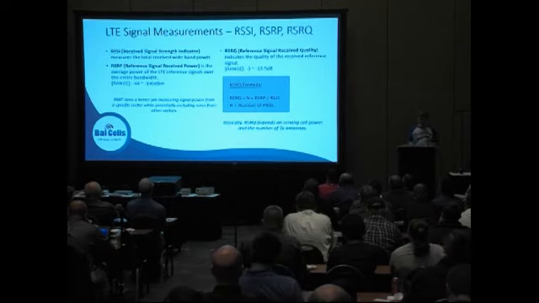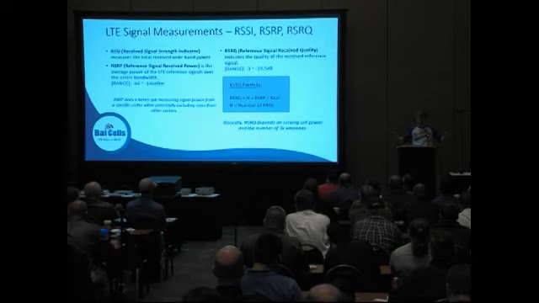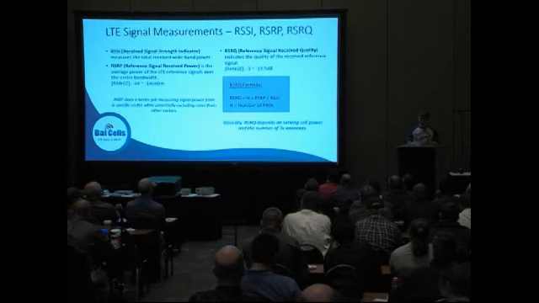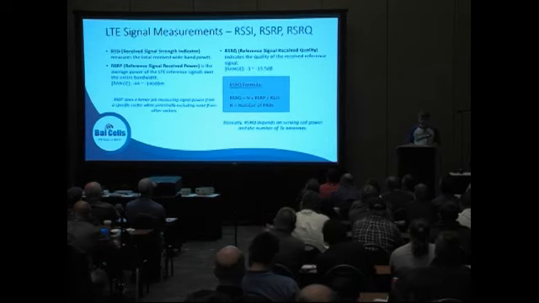Assuming that your PCI planning is correct, you could have noise from other sectors, and RSRP would help eliminate that. So it's able to determine the power of that particular sector. It's a little difficult to determine if there's interference with RSRP, but it does determine what the actual power it should be receiving is.